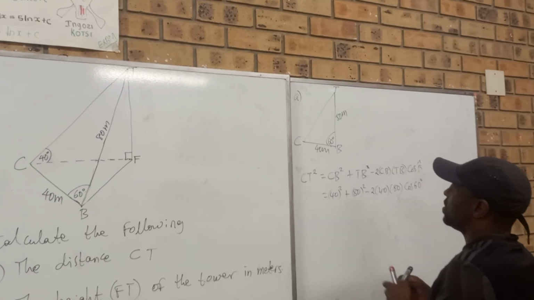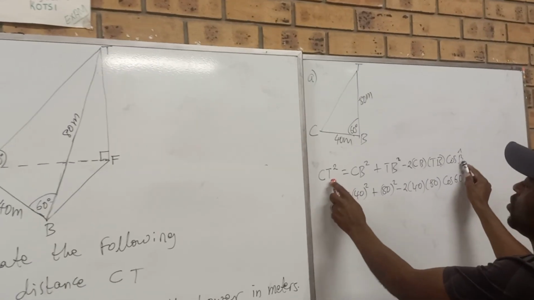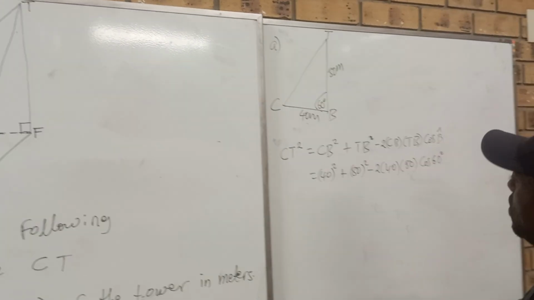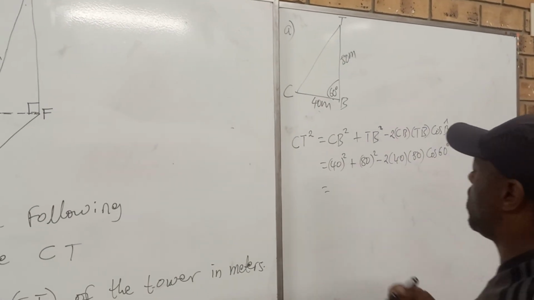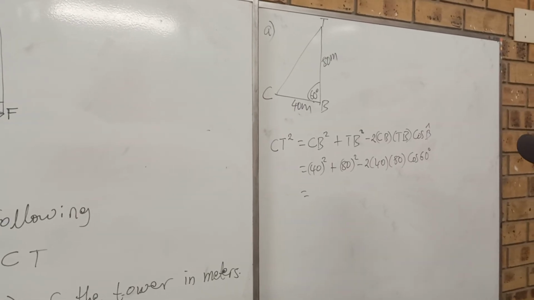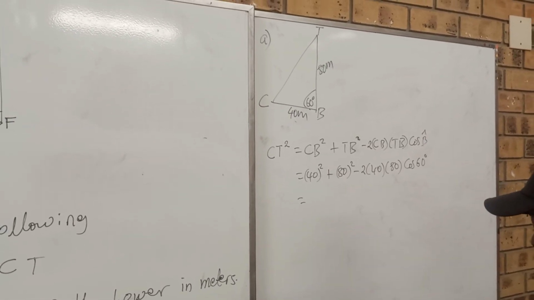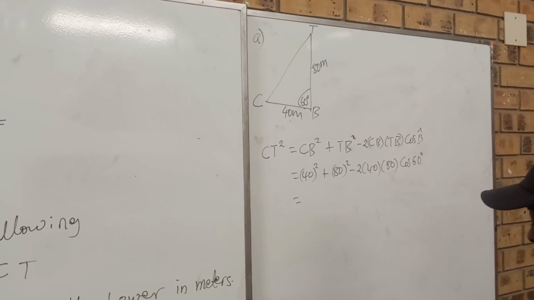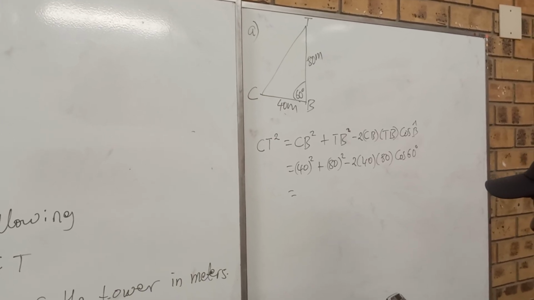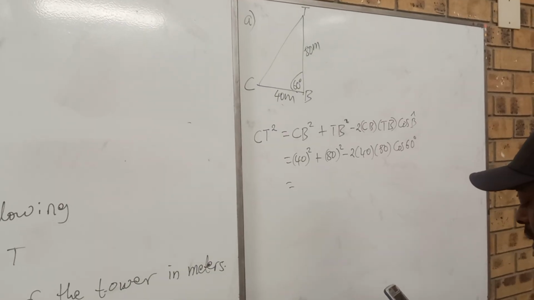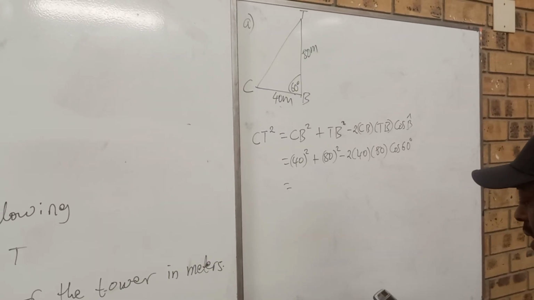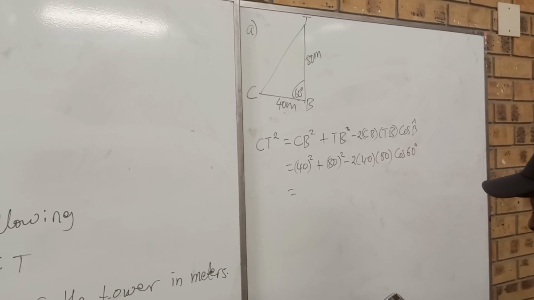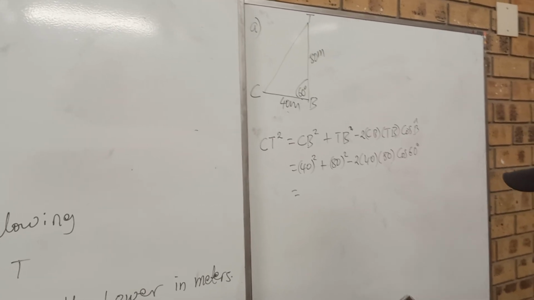So I should finish stating, always compare that these two are looking at one another face to face in your triangle. If you don't confirm that, your rule might look like the cosine rule, but the solutions from it will be wrong. So now I do my calculations. 40 squared plus 80 squared minus 2 times 40 times 80, then times the cos of 60.